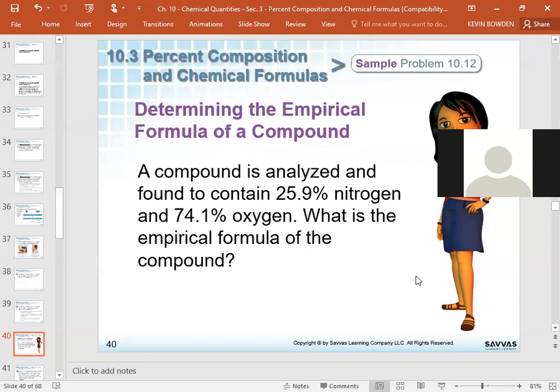Anybody want to take a guess what the empirical formula is? Remember, these percentages are mass. These are mass percentages. We're talking about grams per mole. Just want to take a guess?